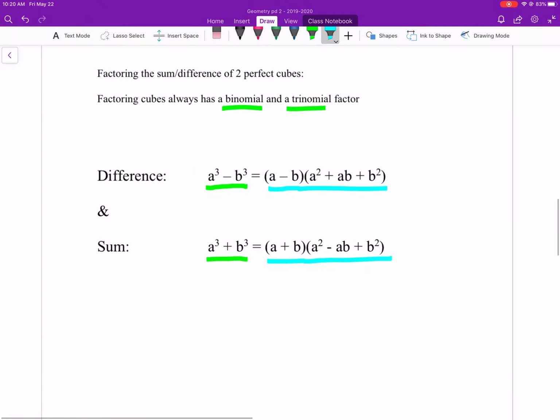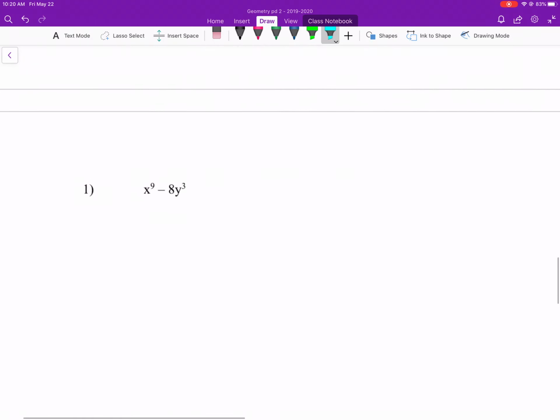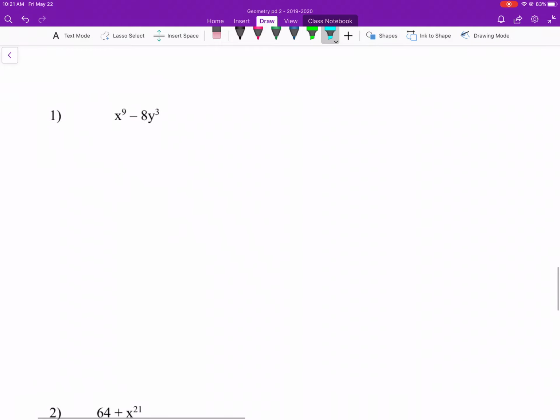All right, so let's try out two more, and then hopefully we'll be good to go with this. All right. So, we have x to the 9th power minus 8y to the 3rd power. They are perfect cubes. How do I know that? Because the exponents are 9 and 3, right? Those are both multiples of 3. And also 8 is a perfect cube.